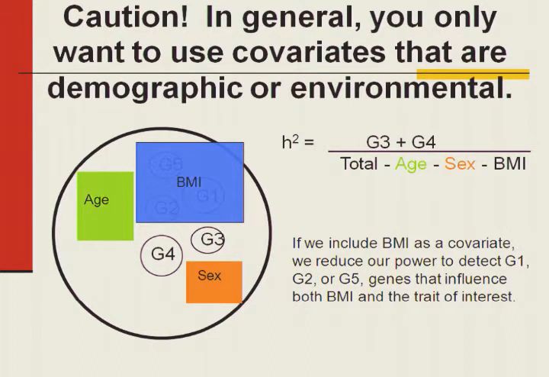Yes? You have a vectorized trait, so you actually profile it as a... Yes, absolutely. That's a great comment. So even better is to actually jointly analyze my phenotype and BMI and exploit the correlation between them. And that can help increase my power to find those loci, because I've got a more specific hypothesis.